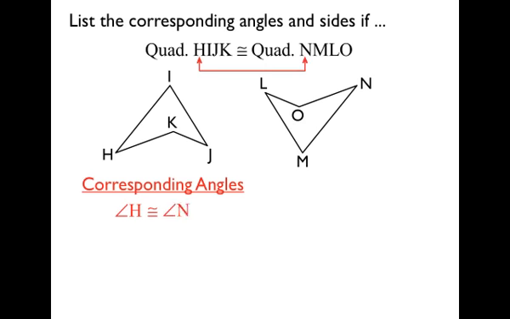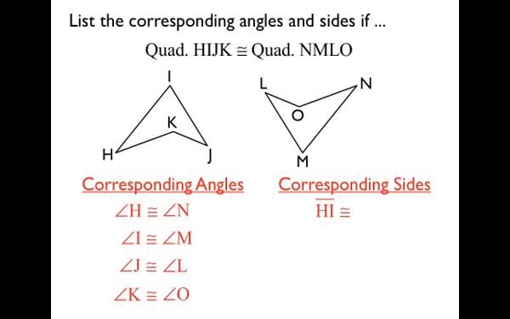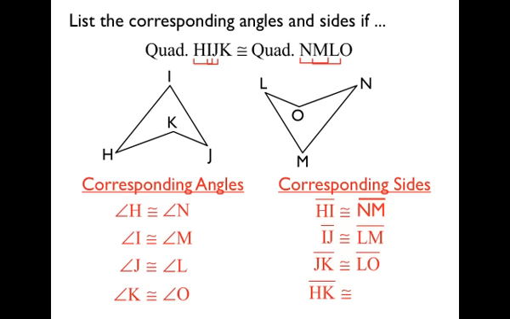Angle N. And then the I and M, the J and the L, the K and the O. And then sides: HI goes with NM, IJ goes with LM, JK goes with NO.